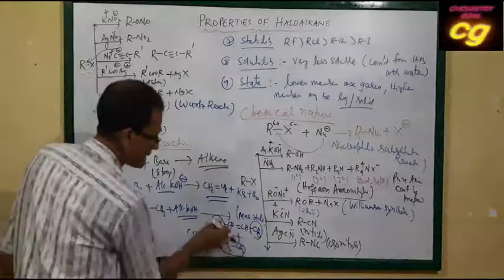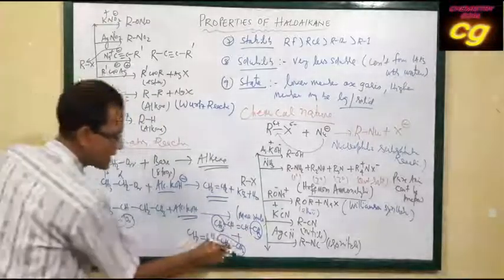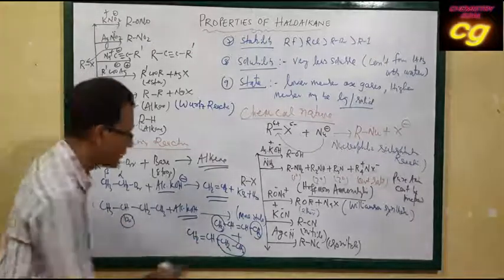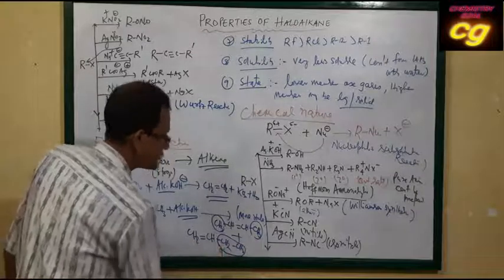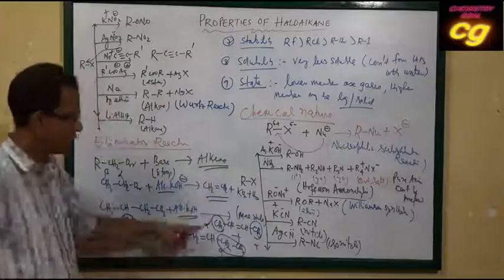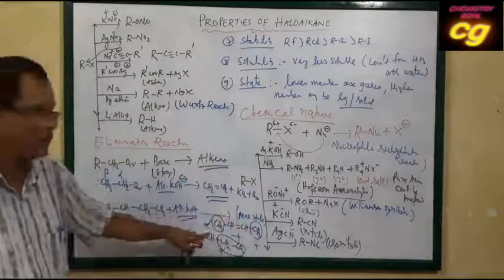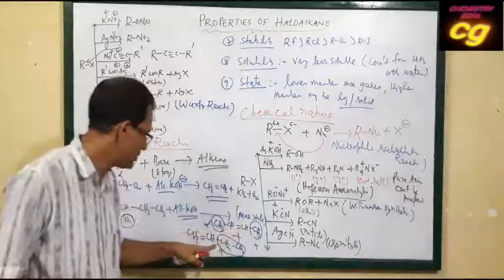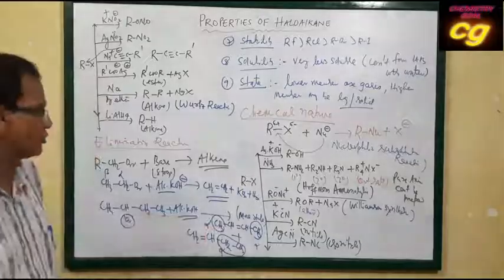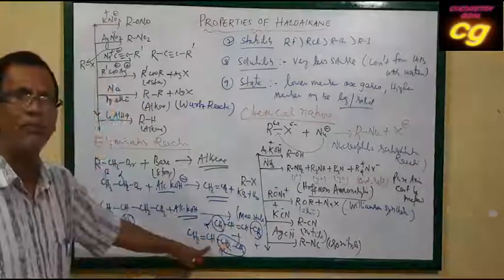It has six hyperconjugation structures. It has only how many? Only two hyperconjugation structures. Both are alpha positions. So it has six alpha hydrogens, so six hyperconjugation is possible. Here only two hyperconjugation is possible. So this is more stable. So this is the major product. This is your minor product.